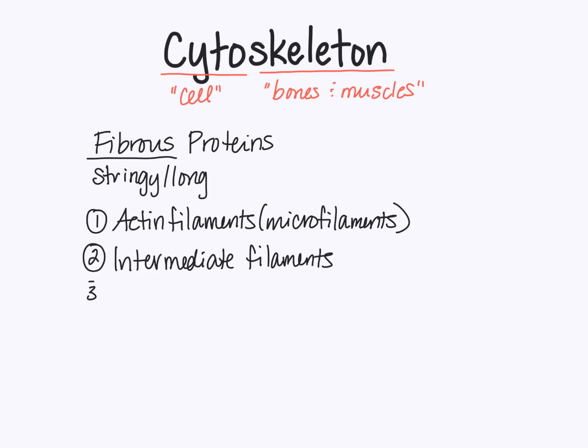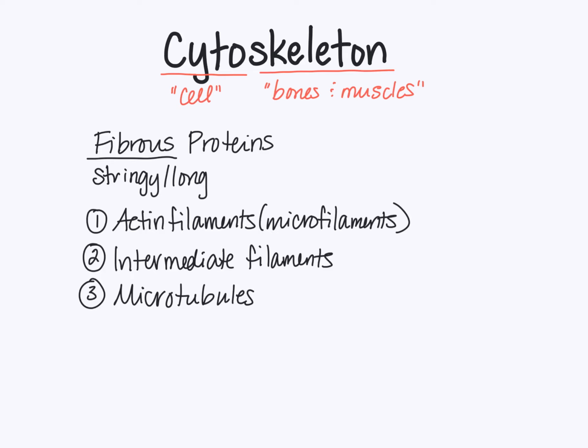And the last kind are microtubules. And each of these protein filaments differ in their structure and their function, although they do all work together in order to provide the cytoskeleton.